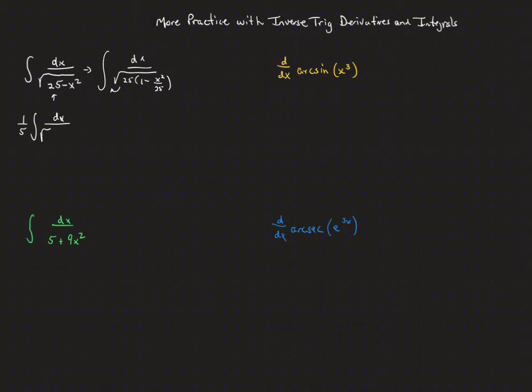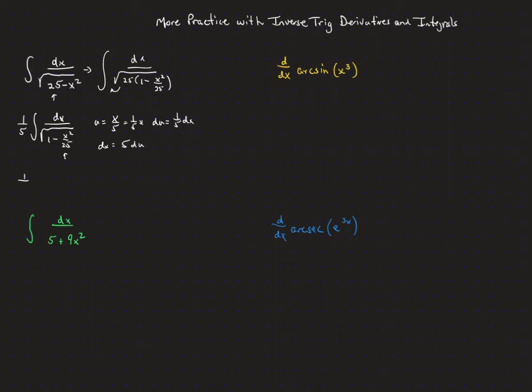We're going to see the x squared over 25 as u squared. That means u is going to be x over 5, which we are thinking of as 1/5 x. Then its derivative will be 1/5 times dx, and that's going to make dx be 5 du.